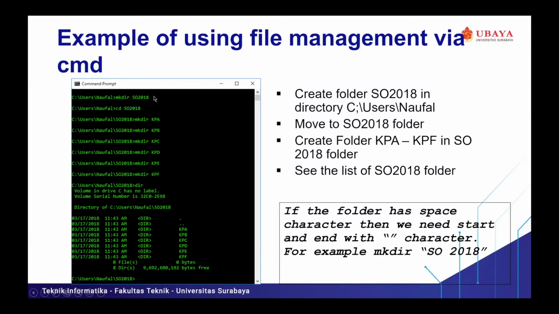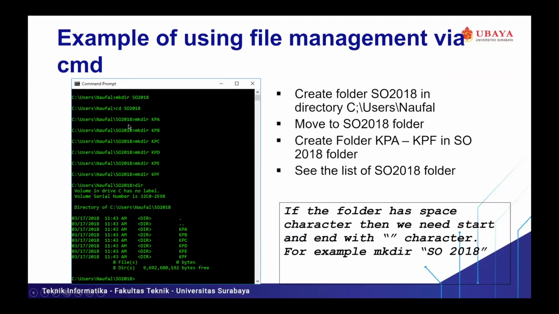Then I type cd space SO 2018, which means I will move into the SO 2018 folder. After this command, my current directory is no longer the user folder, but the SO 2018 folder.